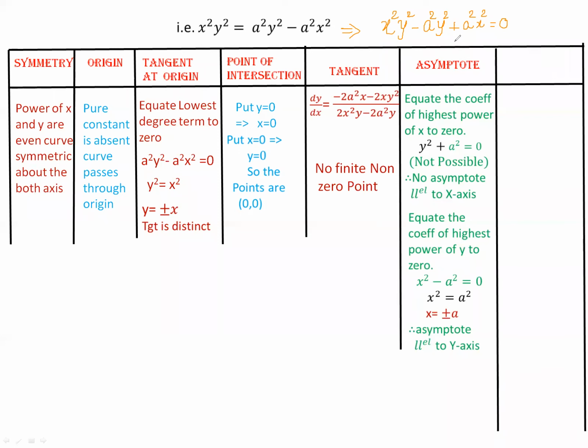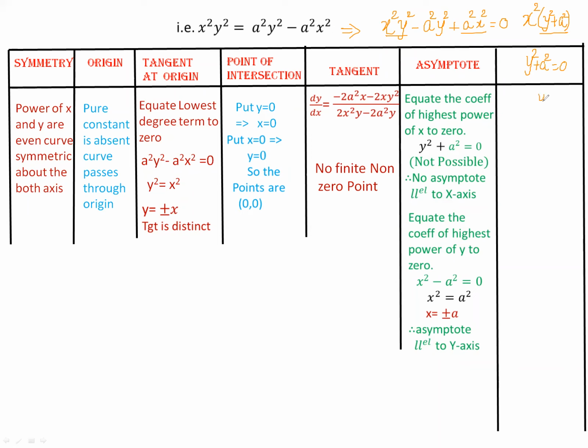First we take the highest coefficient. Here we have the highest power of x, so x square in bracket, it is y square plus a square.